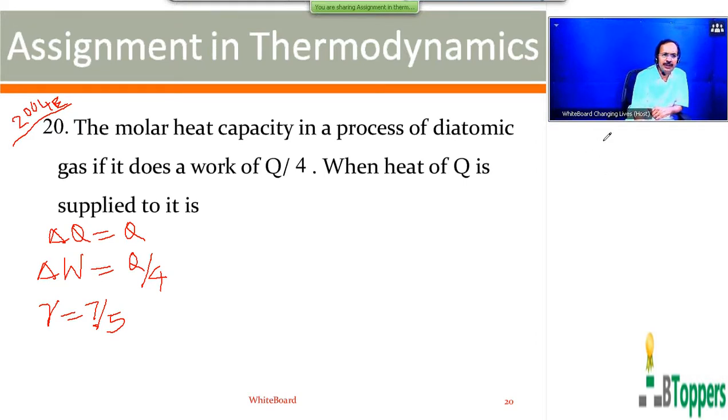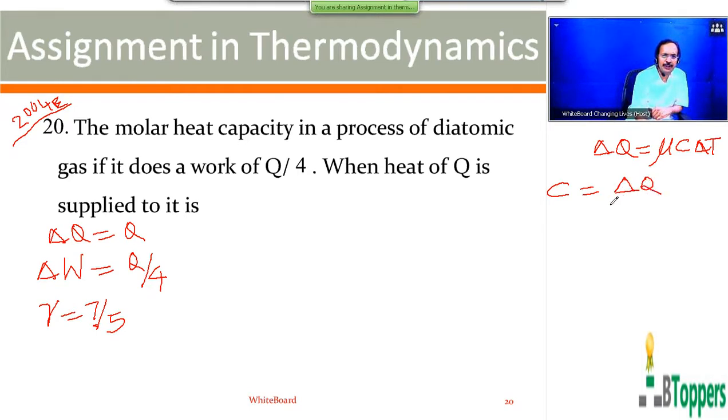So in general, heat energy absorbed by the gas in any process can be written in the form nu C delta T. Nu is the number of moles of the gas, delta T the change in temperature of the gas, C the molar specific heat of the gas in that process.